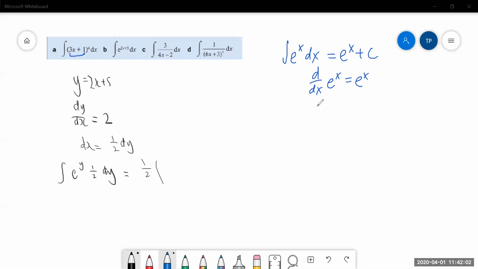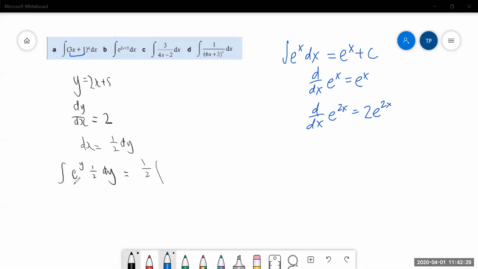So the only difference is that when you differentiate e to the power of 2x, what do you get? 2 e to the power of 2x. Yes, because you differentiate the 2x, right? Correct.